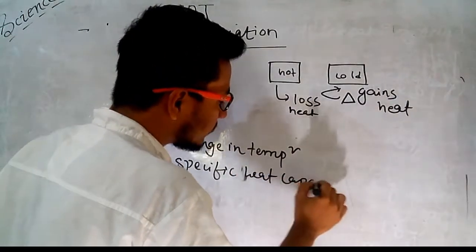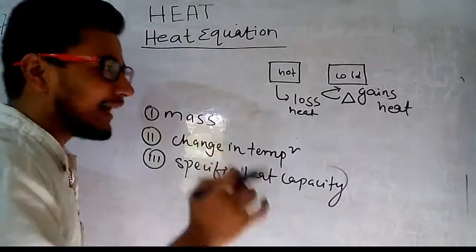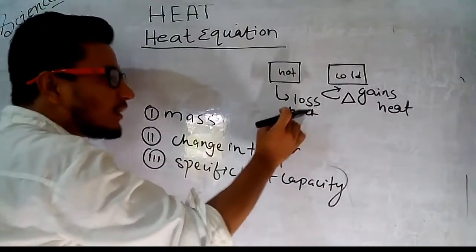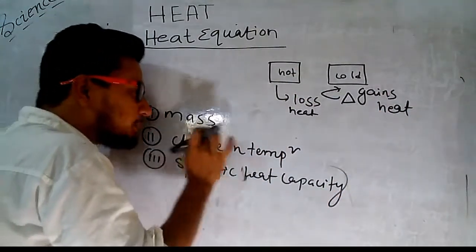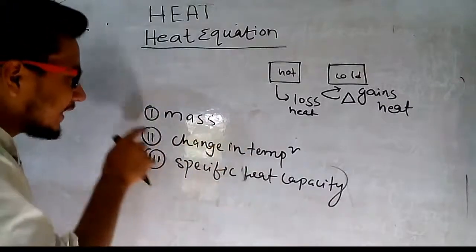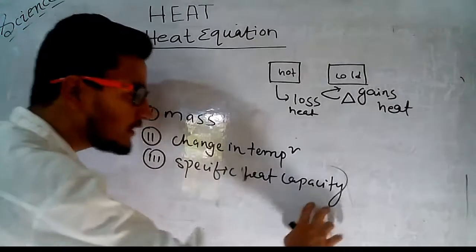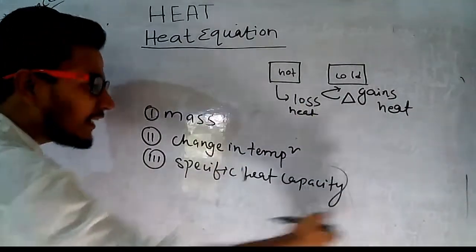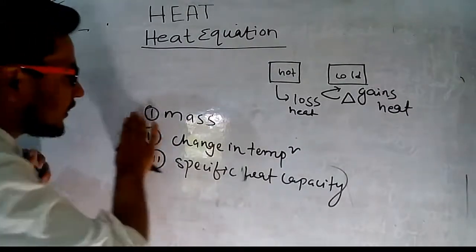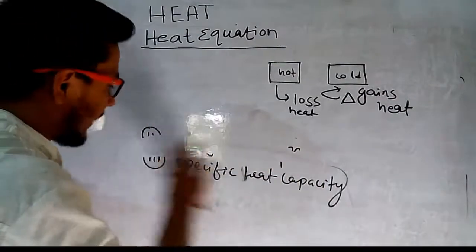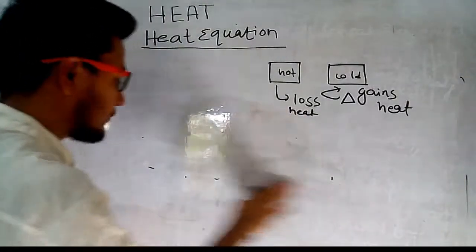So the amount of heat lost or gained by a body depends on mass, change in temperature and specific heat capacity. Now how can we write this in derivation form? Let's see.